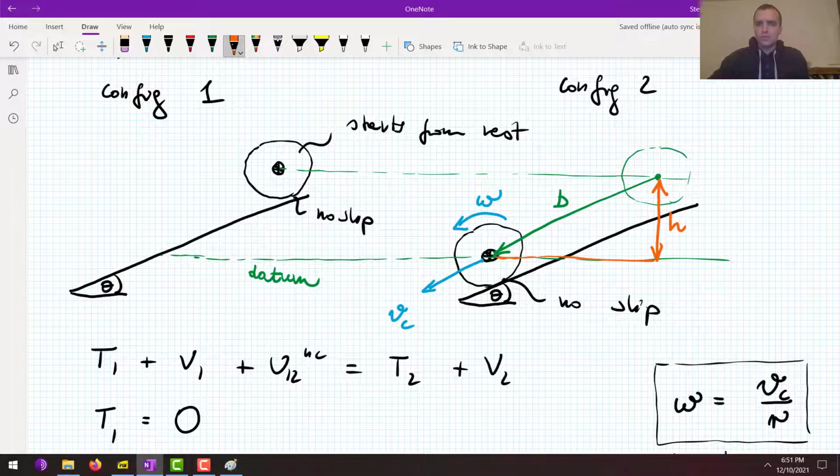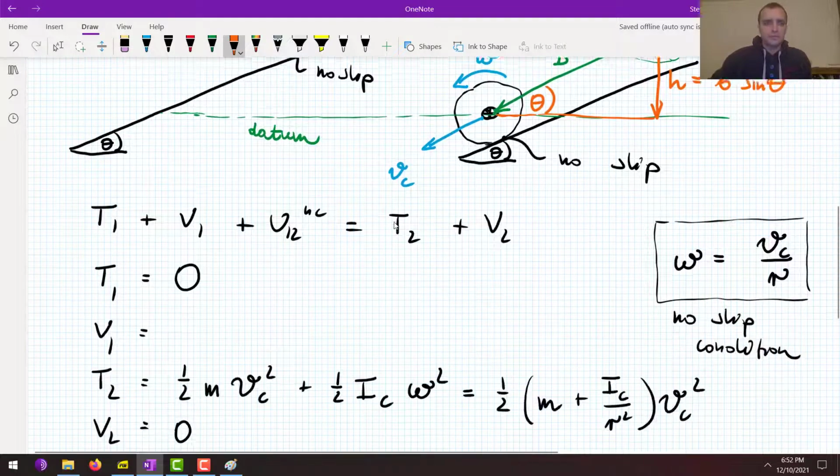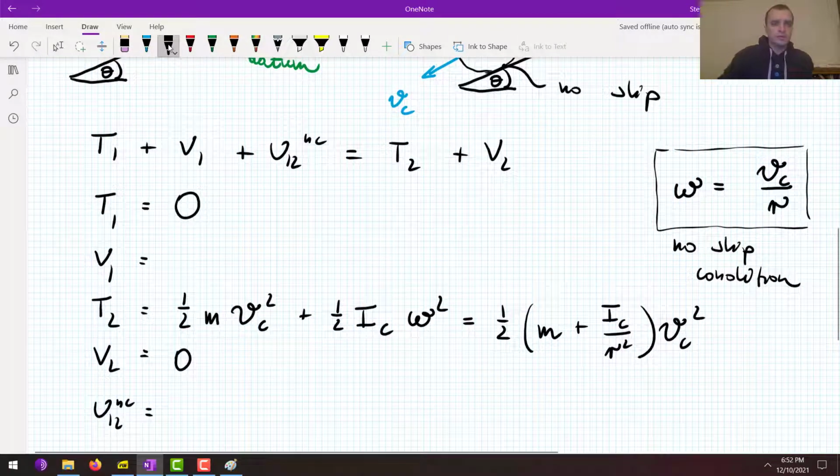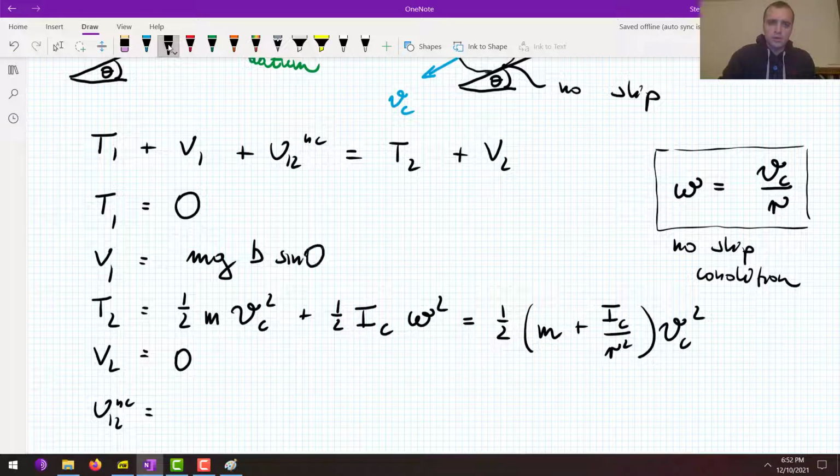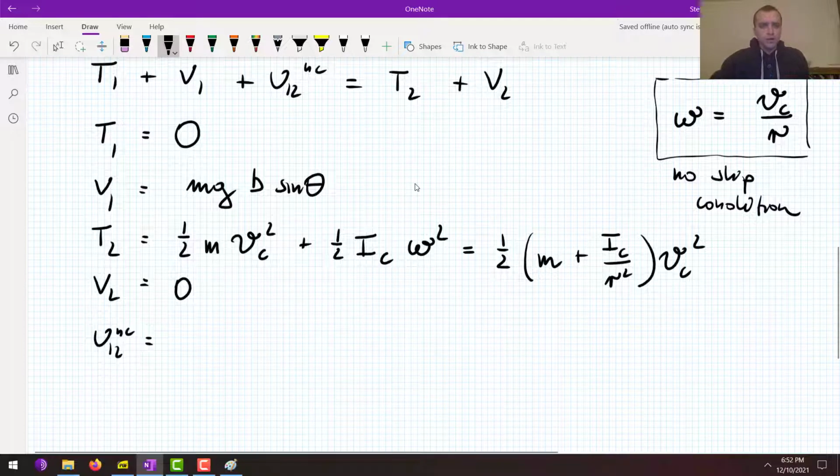H, which is equal, if this is theta, to b sine theta. So in here I can write mg times h, or mg b sine theta. Okay, great. So we have 80% of the problem done.